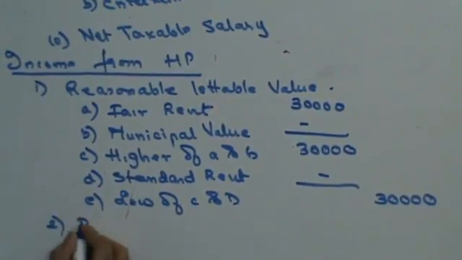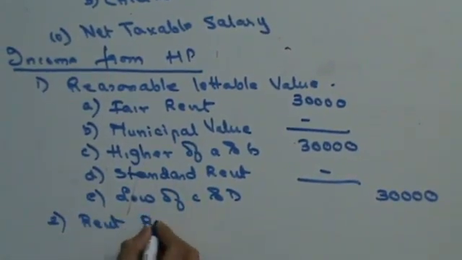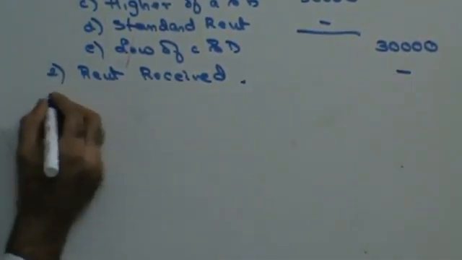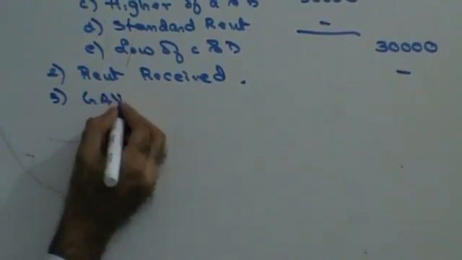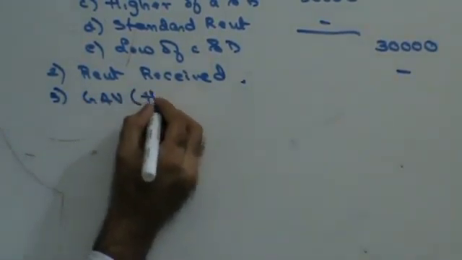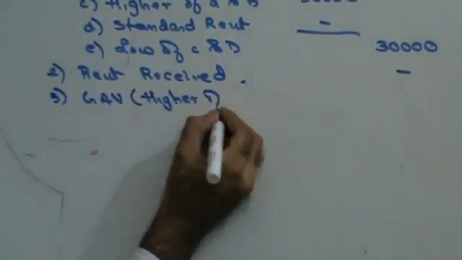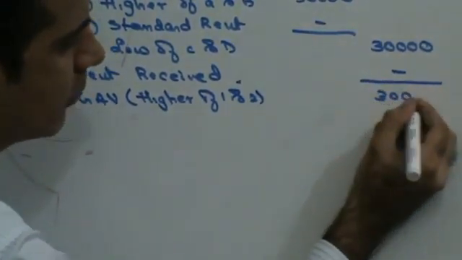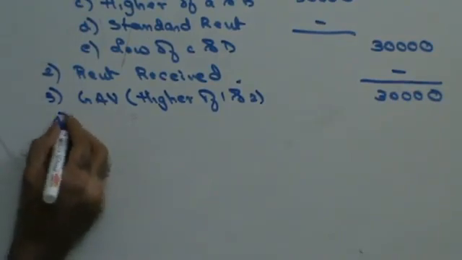Next, rent received. Has he received rent? He owns a residential house which is used for his own residence. Gross annual value, higher of 1 and 2, is going to be 30,000. 4.